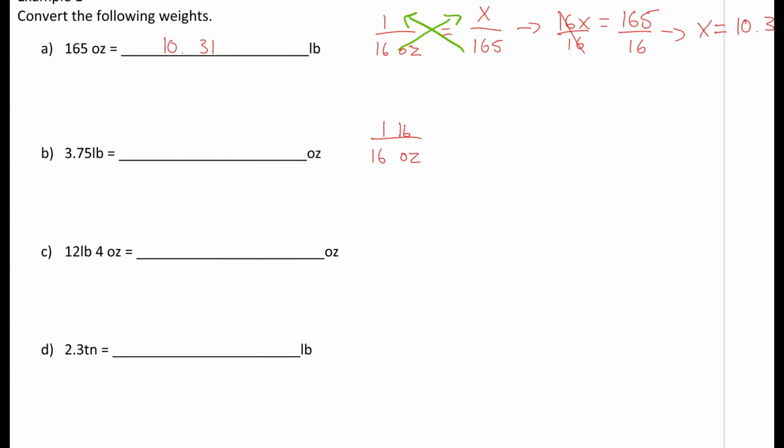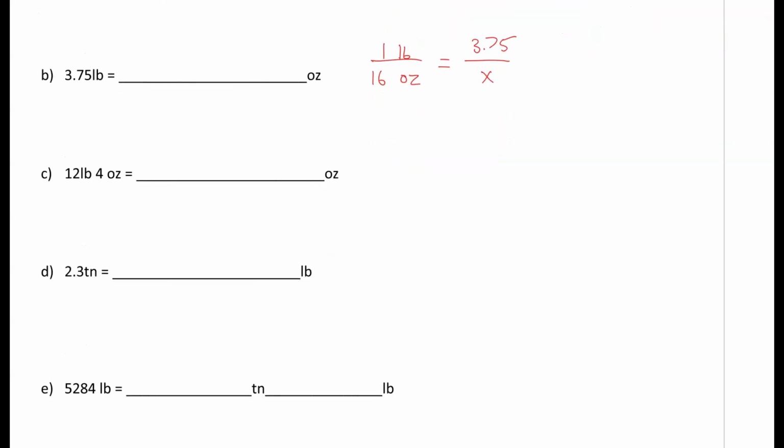It's 1 LB over 16 ounces is equal to, and then we have our pounds and we want to find our ounces. So our x is going to go on the bottom and our 3.75 is going to go on the top. Now I'm going to leave this for you here, and I want you to complete this part and find out how many ounces you have. But we've done the setup for you.